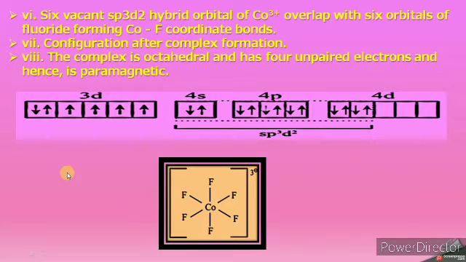And when that 6 fluoride ion donate their 6 lone pair of electron to cobalt 3 plus ion, then electronic configuration of that complex is like this. 3d contain 6 electron, 4s contain 2, 4p contain 6, and 4d contain 4. Okay, but if you observe here, 3d contain 4 unpaired electron and remaining electrons are paired. So as there are unpaired electrons, your complex is paramagnetic in nature.